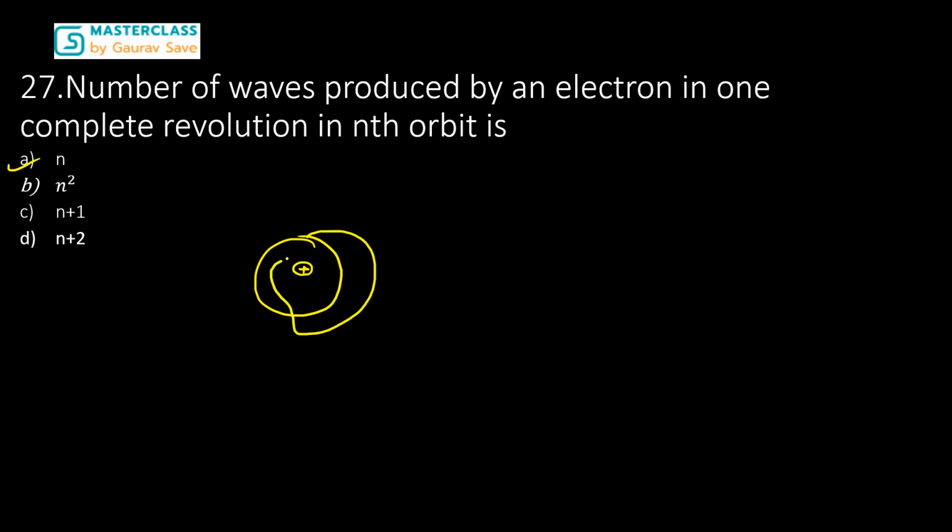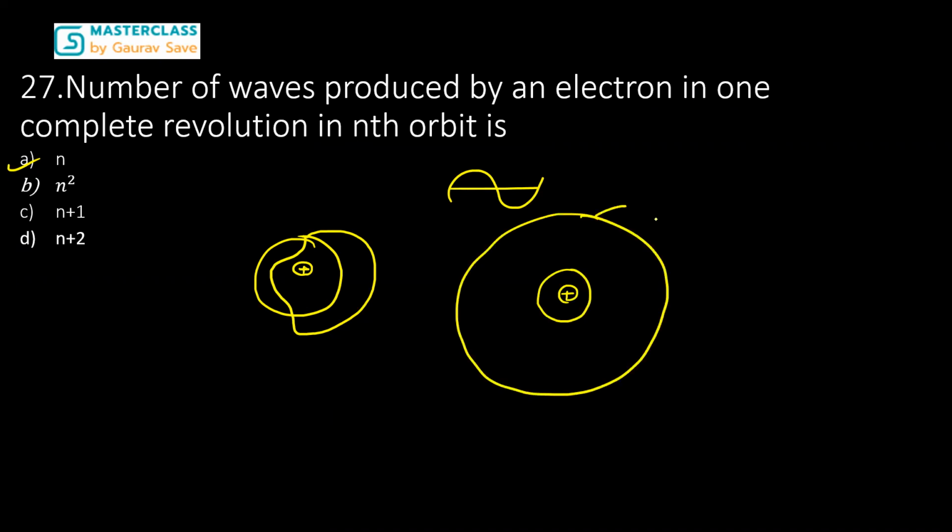Okay, it exists as one single wave. This is a wave. Usually we write it down like this, but I am drawing it inside the orbit, so I am just showing it like this. Now, if it is present in the second orbit, guys, then this electron can travel in two waves.